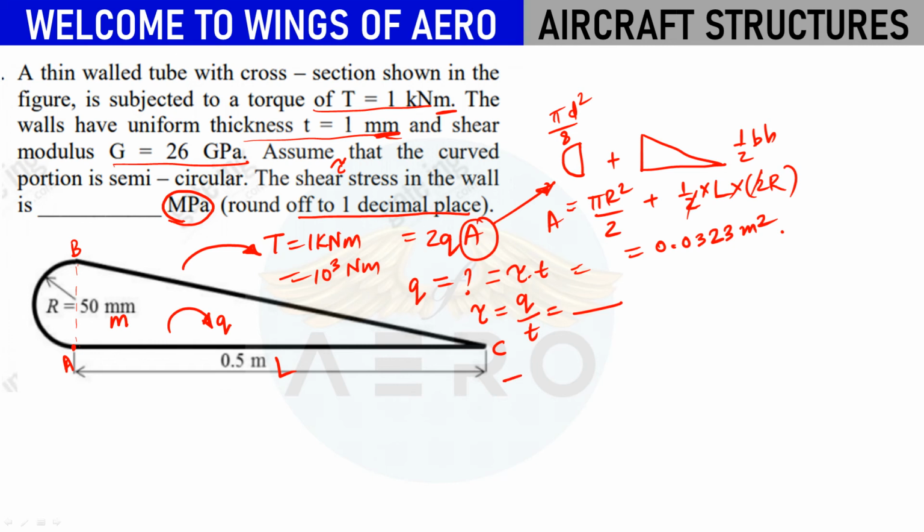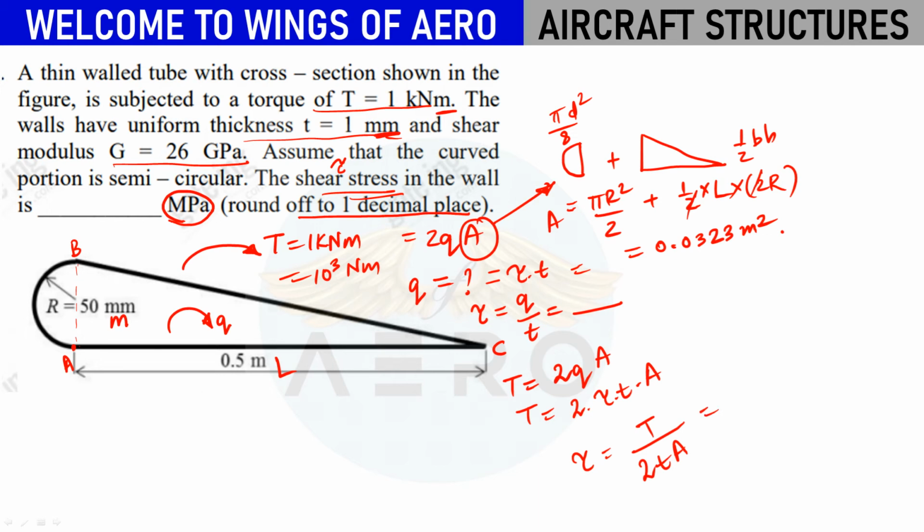Okay, so T equals, we know, 2qa. Now our motto is to find shear stress, so T equals 2 into tau into t into A. So tau becomes T by 2tA. Right?